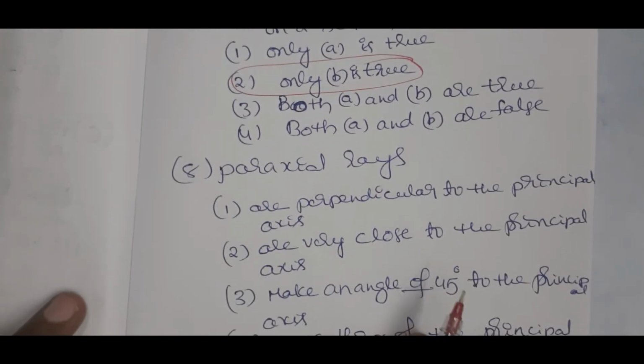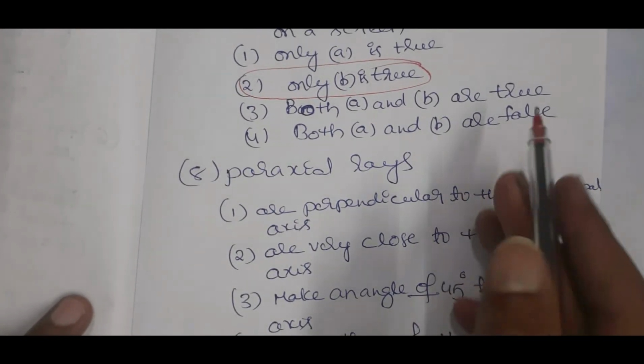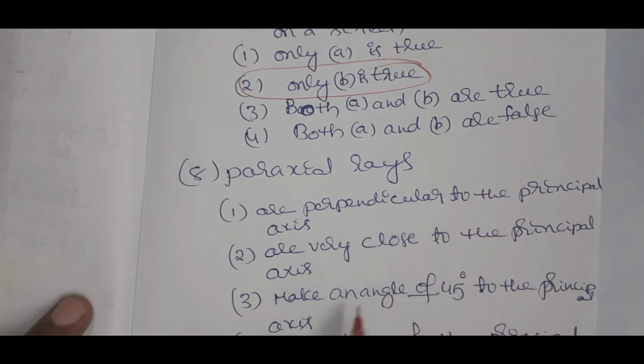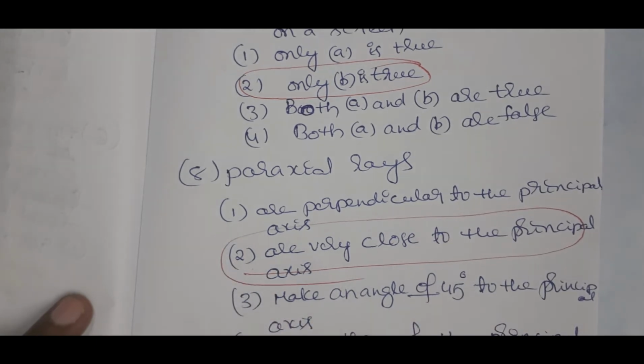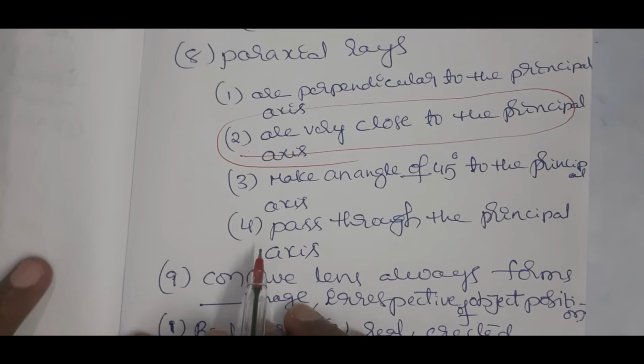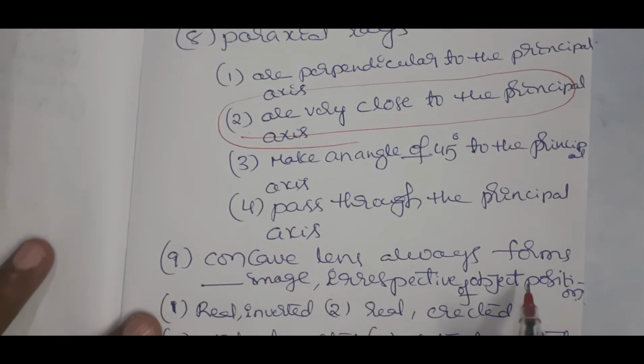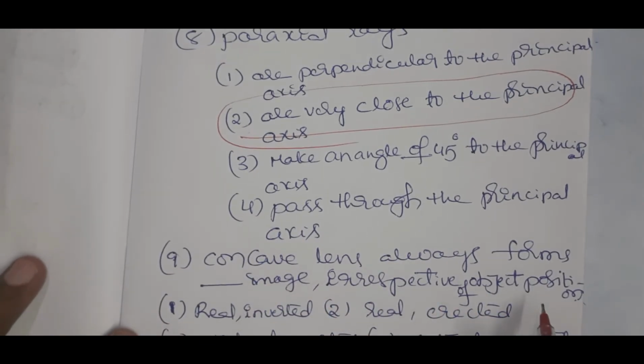Next, paraxial rays, students. Paraxial rays are the rays which are close to the principal axis. The rays traveling very close to the principal axis are paraxial rays. They make angle 0 with the principal axis. Next, concave lens always forms, irrespective of object position.